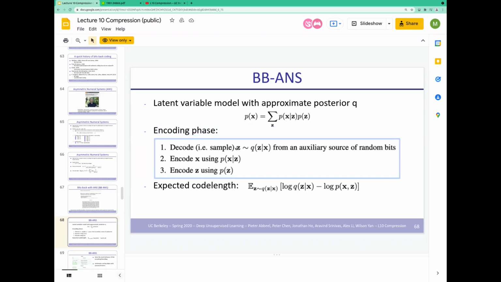Decode or sample some latent variable from an auxiliary source, or use some previous data to sample the latent variable, and then from that latent variable you get a distribution, and then from that encode X, and then encode the Z that you used.